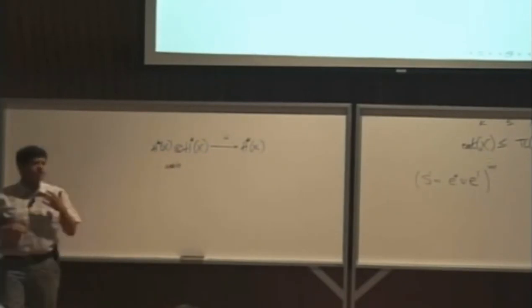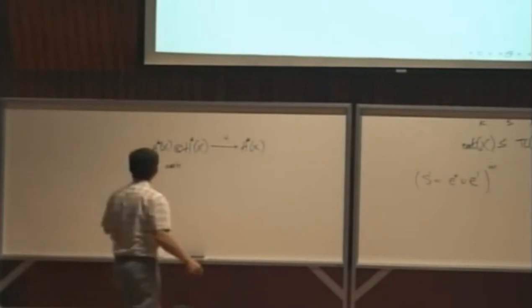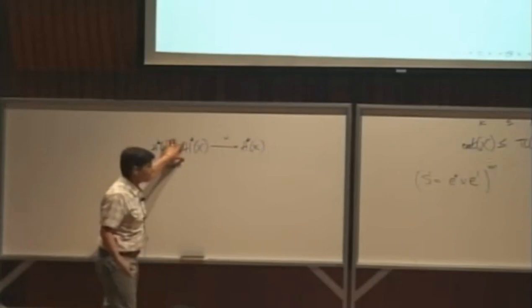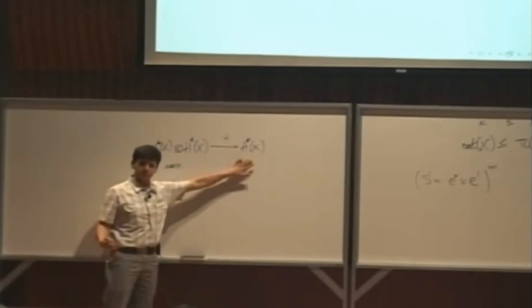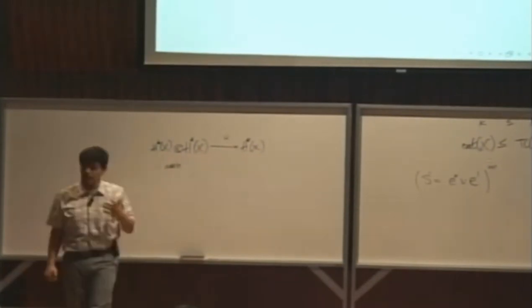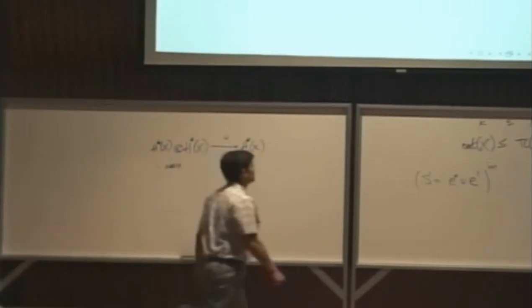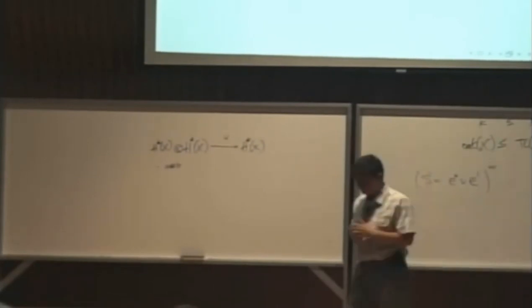So the zero divisors cup length is the largest possible product of elements in the kernel of the cup product, so that the product is non-zero. That largest possible number is denoted by the zero cup length of X, and it gives a lower bound for the topological complexity of X.